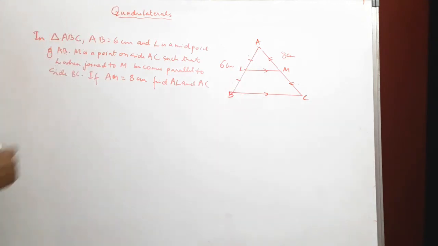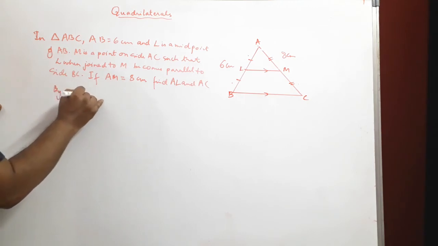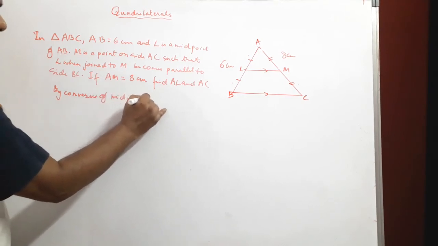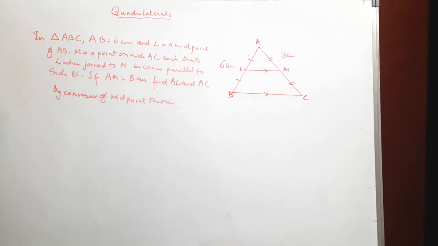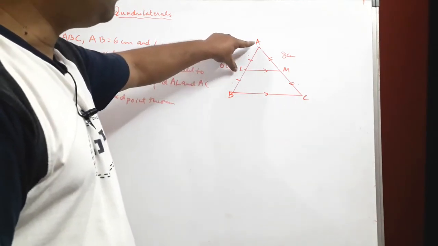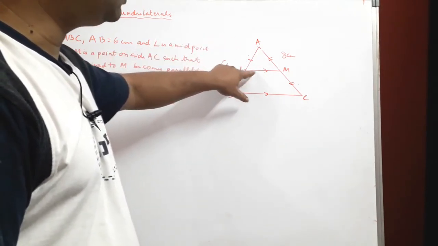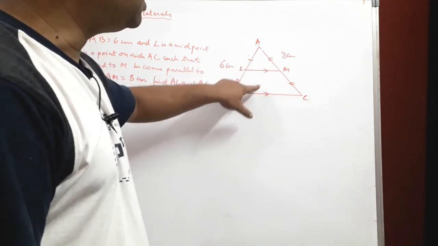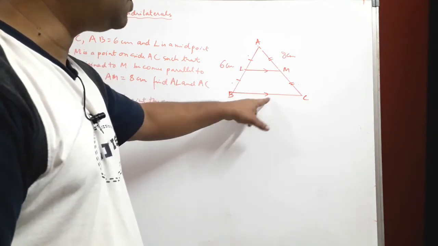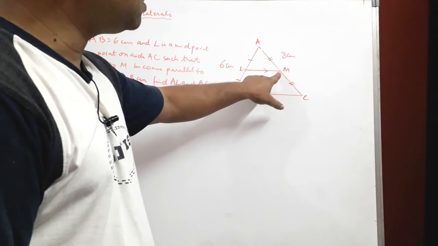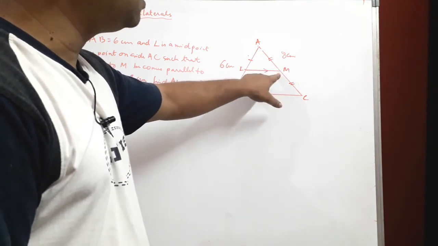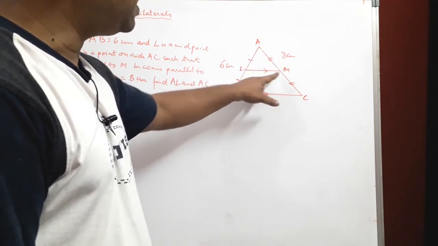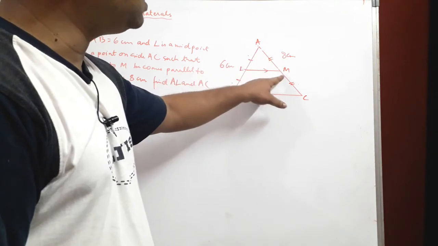So we know by the converse of the midpoint theorem that if the midpoint of one side of the triangle joins a point on the second side such that that line is parallel to the third side, then the point where it meets the second side bisects that side. So M bisects AC.